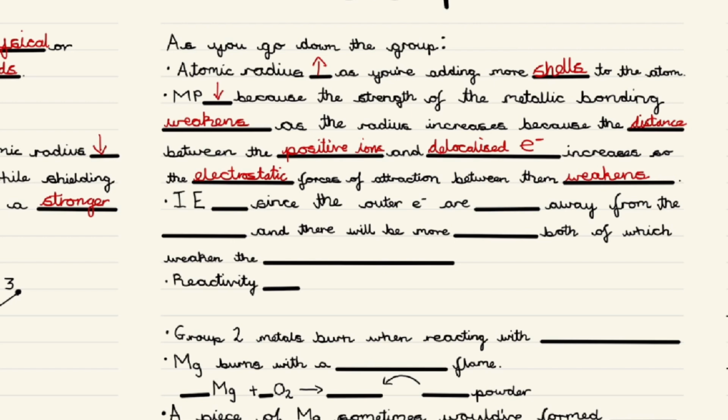The ionization energies as you go down decrease, since the outer electrons are further away from the nucleus, and there will be more shielding, both of which weaken the nuclear attraction, and also the reactivity increases.